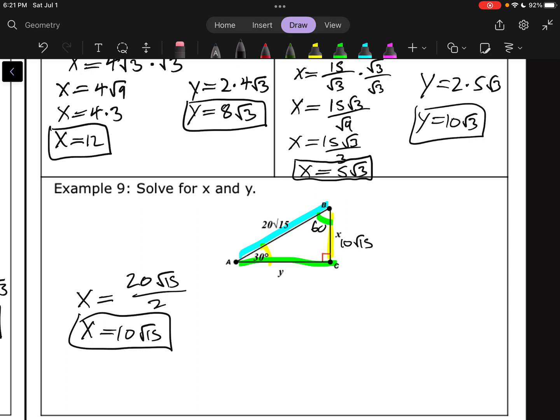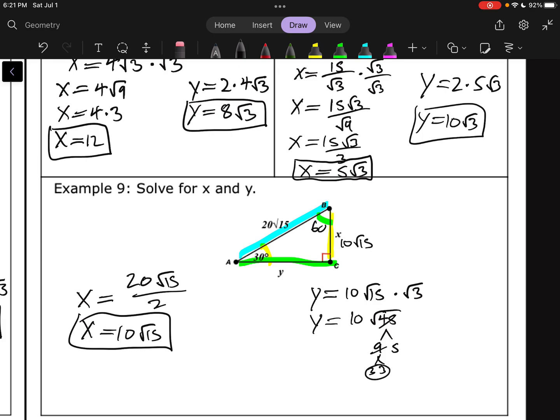That is simplified. Then to find the long leg, we are supposed to take the short leg and multiply by root 3. So root 15 times root 3 is root 45. Now, 45 we can simplify. That could be a 9 and a 5, and 9's a perfect square.